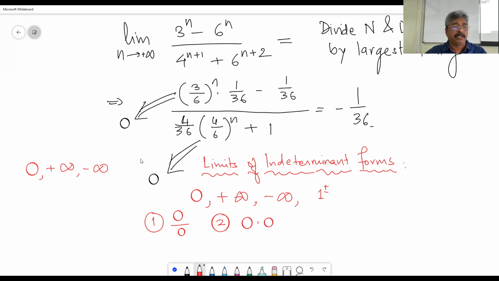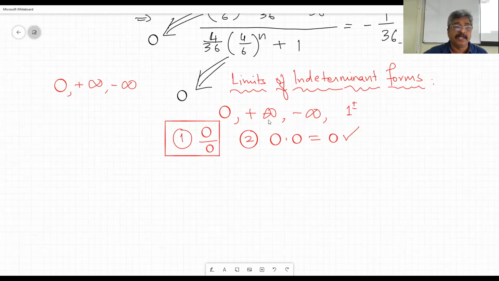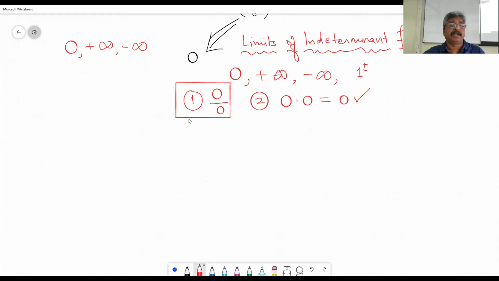Whether the second fellow is 0 or not, 0 into everything is 0. So this is not indeterminate, this is equal to 0. We know that. But this is indeterminate. Okay. So can you come up with different permutations of these, and then we decide which are indeterminate, which are not. And then we will deal with only those forms of indeterminate terms.